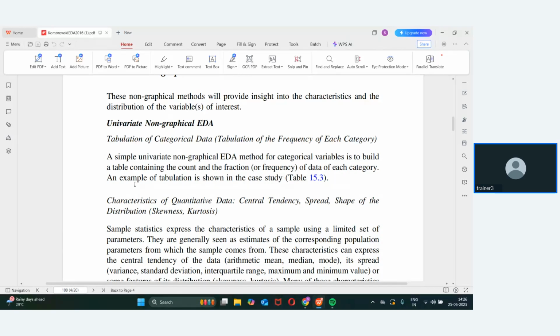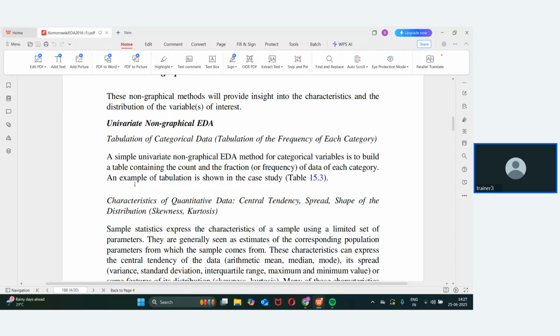As the name suggests, it is non-graphical, that is, these are the things that are not represented through graphs. Coming to univariate non-graphical EDA, what does this stand for? It includes examining a single variable. Univariate stands for single variable, right?